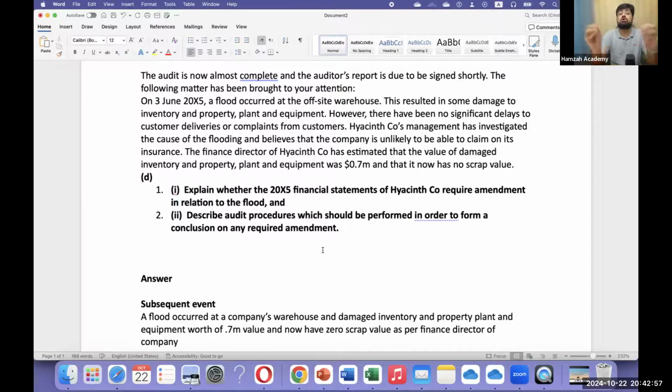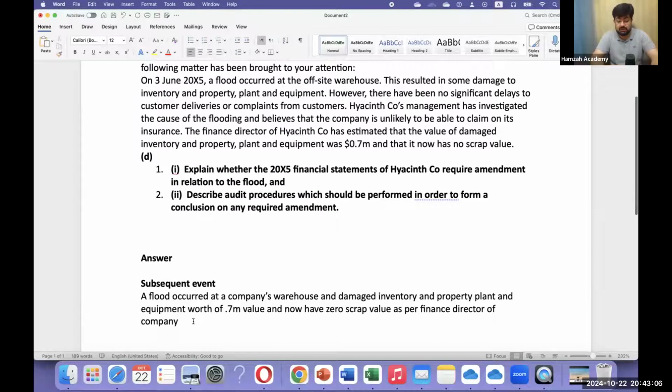With zero commentary from our side, this has no marks unless you elaborate it with your explanation. If you call it, for example, a non-adjusting event, but you don't explain how it is a non-adjusting event, you will get no marks.